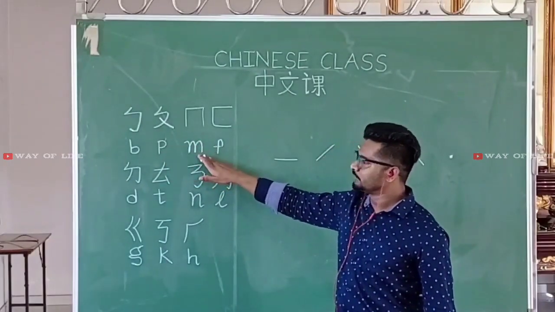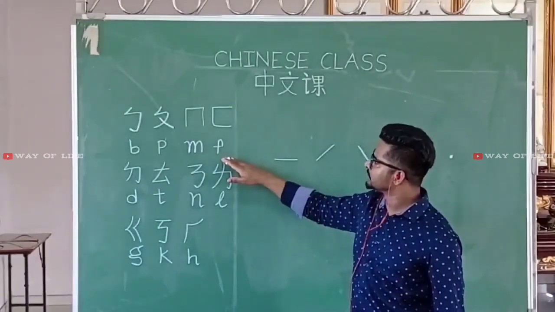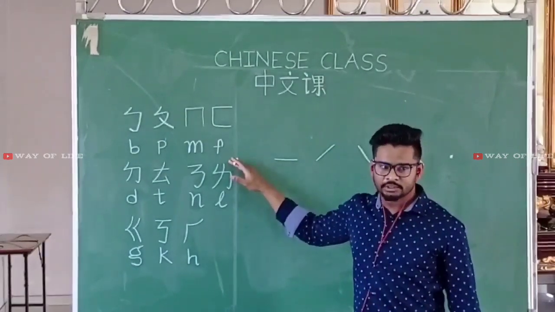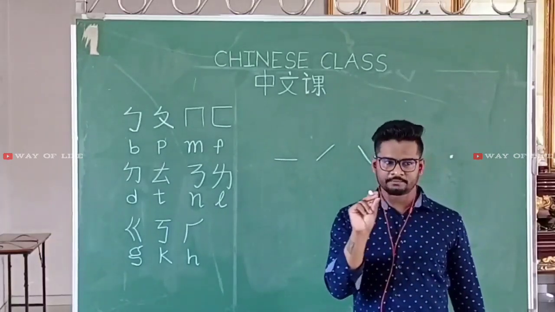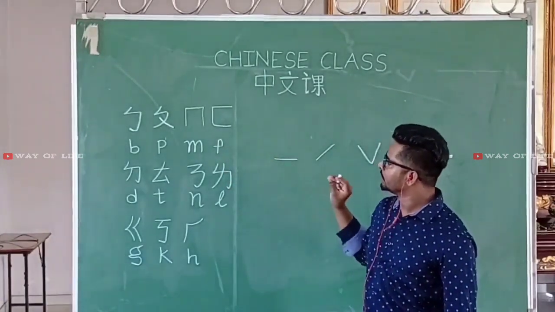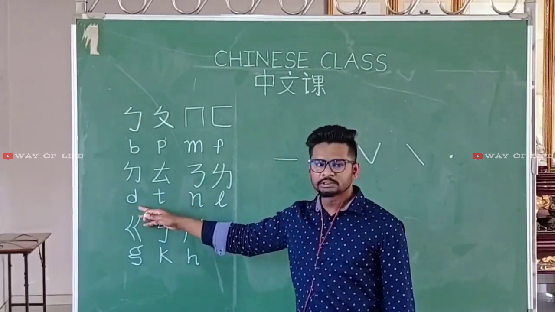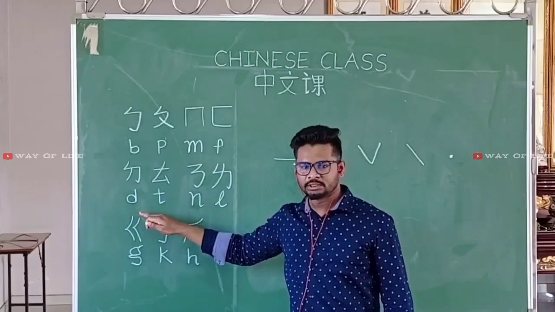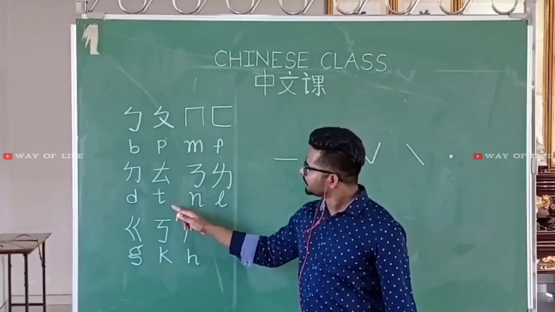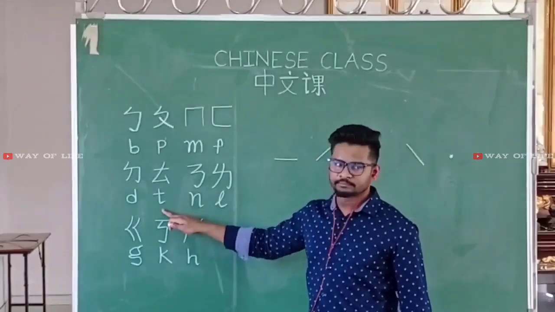The third one is M, denoted by M. The fourth one is F, a silent F, so we denote it by F. Alright. The fifth one is T, denoted by D. The sixth one is Th, denoted by T.